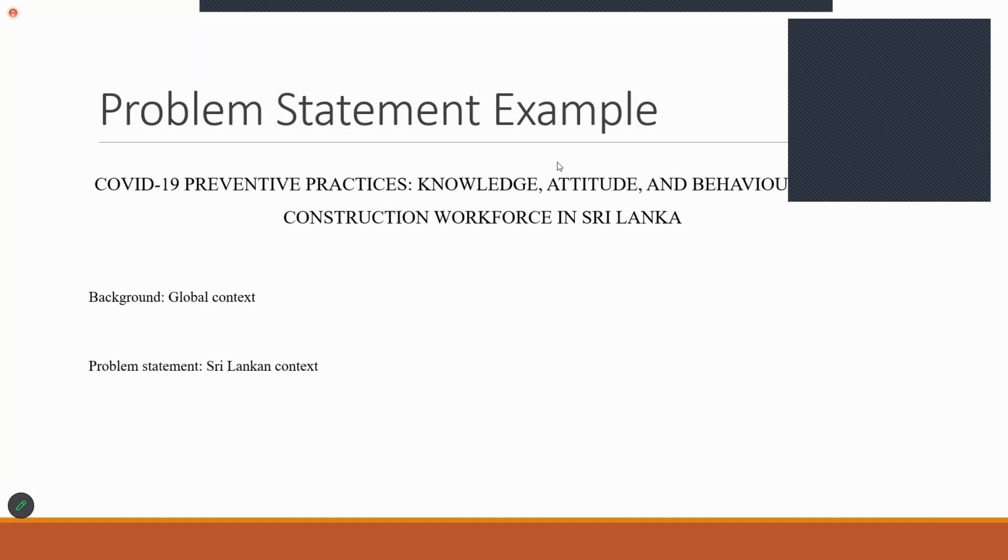And then with the problem statement, we are very specifically writing about the research problem we are exploring. There can be different components to the research problem: the ideal, the reality, and then the consequence. These will be concisely provided within the problem statement.